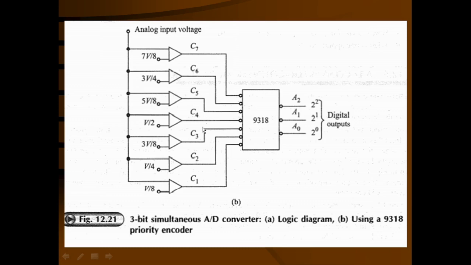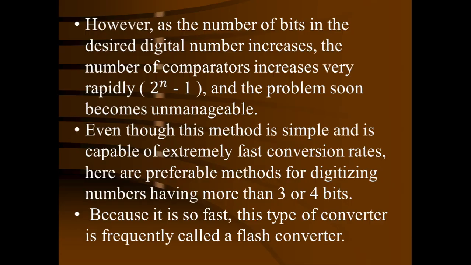It gives the priority to the lowest reference voltage which is going to be greater than the analog input voltage that is going to be encoded, and you get the 3-bit digital output signals. So using this IC, you can prepare an analog input signal which is going to be converted into the digital form of 3 bits.